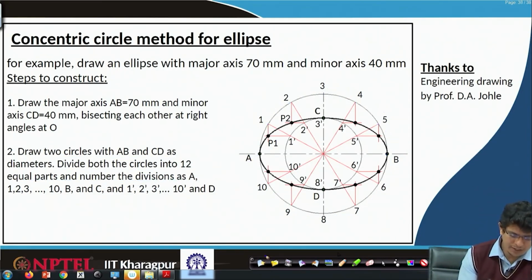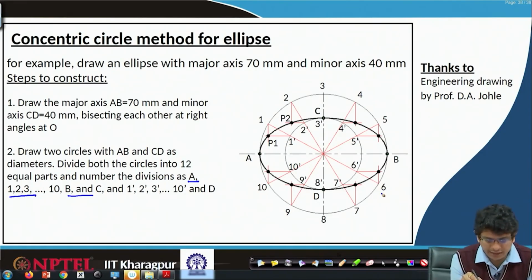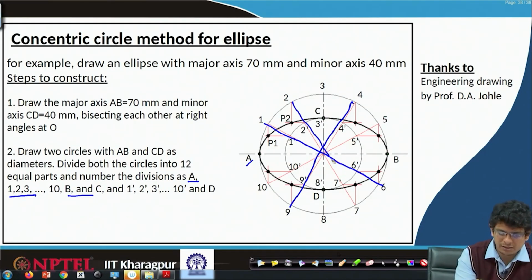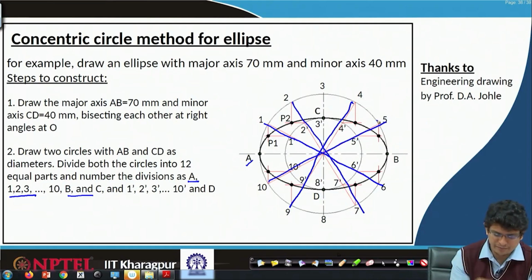The names we are making begin with A, all the way to 1, 2, 3, 4, 5, and again B, starting with 6, 7, 8, 9, 10, and again it goes to A. Similarly, by making these equal divisions, we will be in a position to draw such normals for this major axis circle.